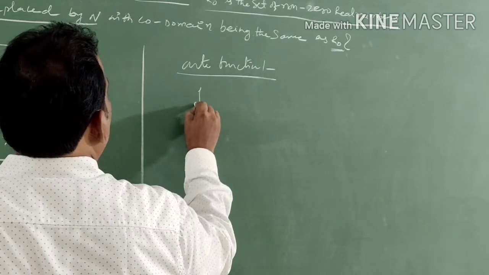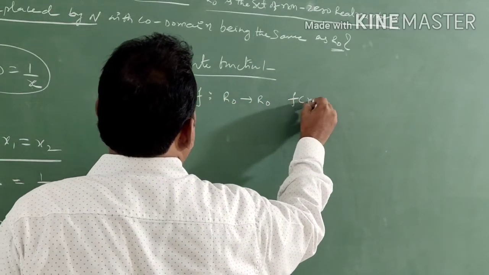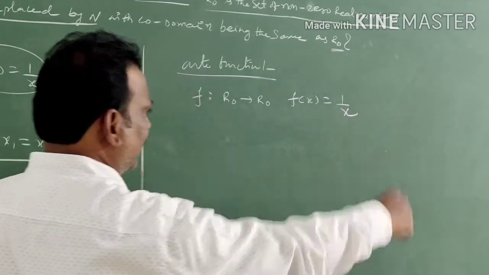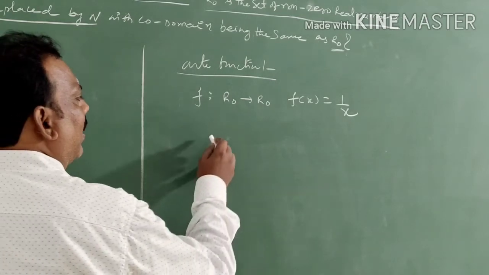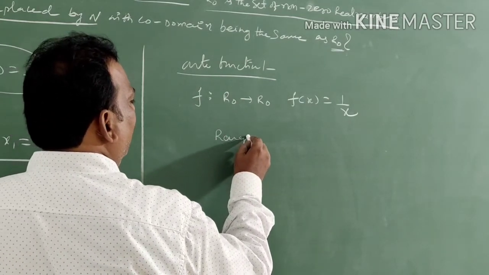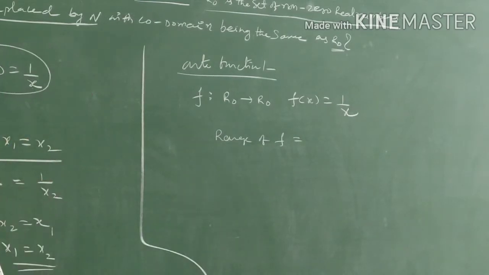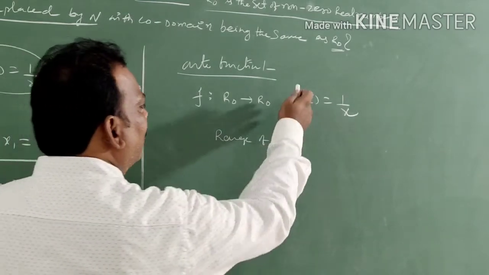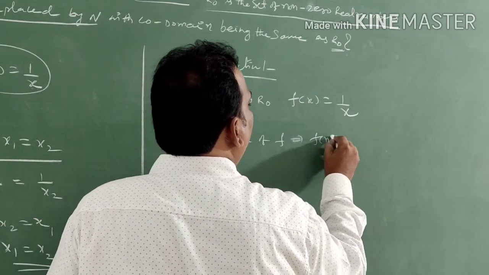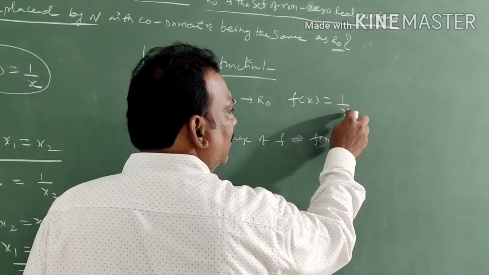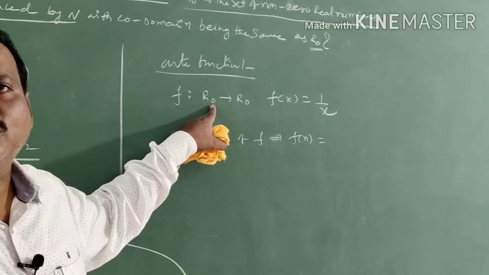See, students, f is a mapping from R0 to R0 and f of x is equal to 1 by x. This is given. Now, range of f, what will you get? Range means f of x only. You put any input here, you will get all outputs, because already it is non-zero.